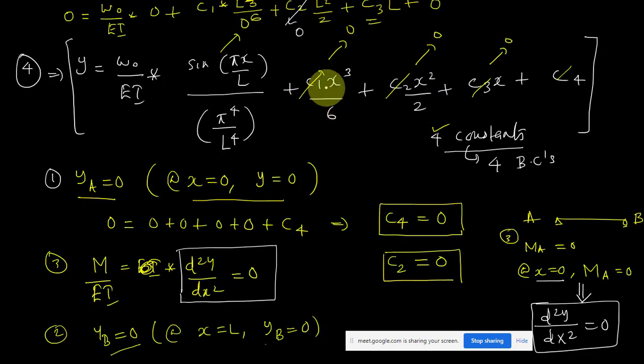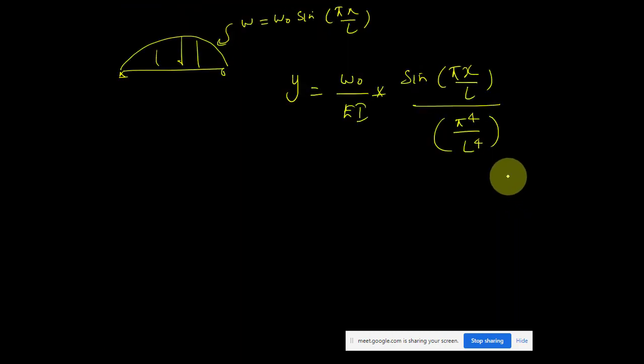This will be the final equation, because all the constants of integration C1, C2, C3 and C4 become 0. We got the values of the constants of integration from the boundary conditions. You must have understood what the boundary condition is; we have to take it as per the given problem. So this will be the equation of your deflection.